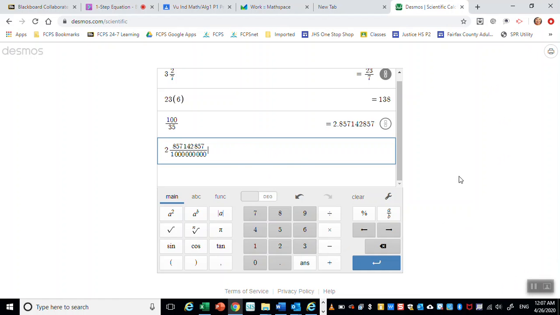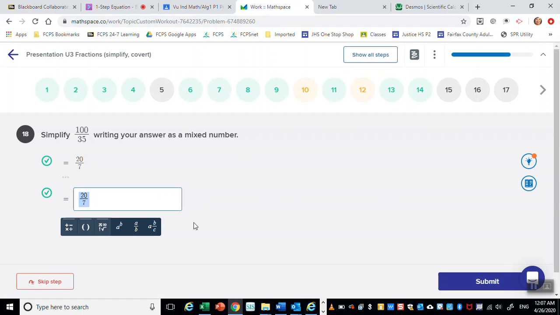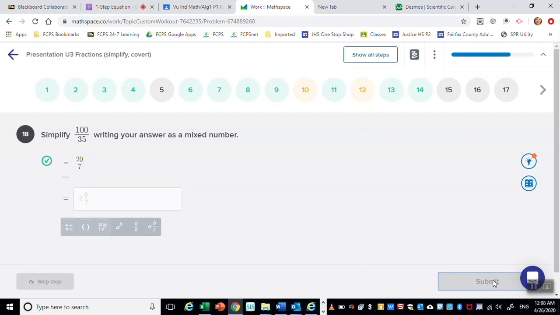This is not the right way, but I'm going to go over it with you. So 20 divided by 7: 3 times 7 is 21, no, 2 times 7 is 14, correct? So 2 times 7 is 14, and then 20 minus 14 is 6, right? So you have 2 here, and then you have a fraction of 6 out of 7. So that would be the answer.